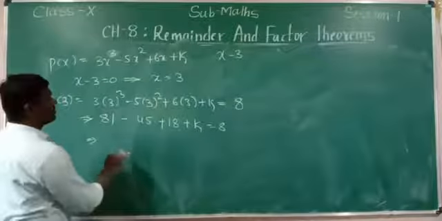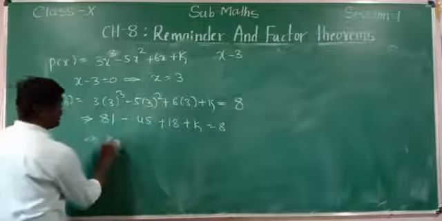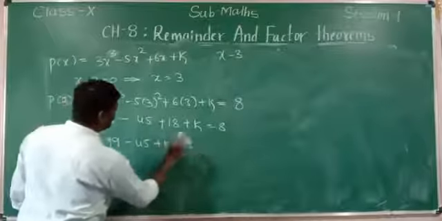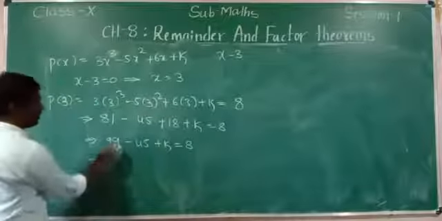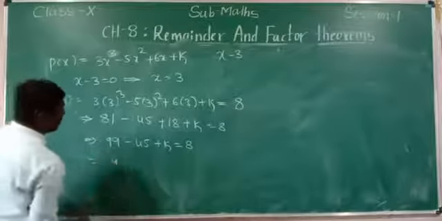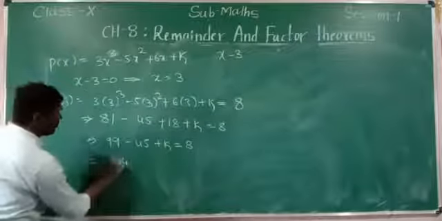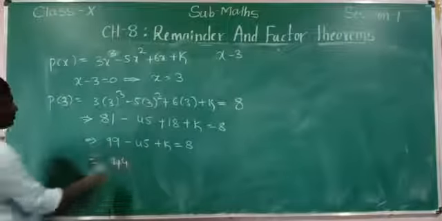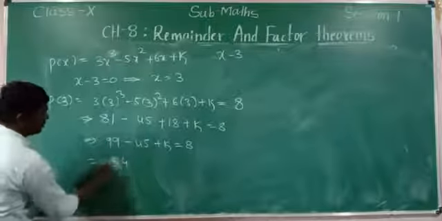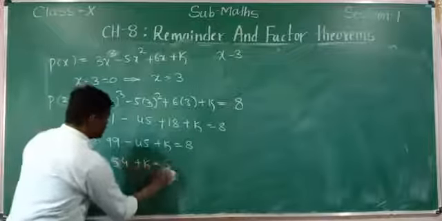What are the positive values here? 81 and 18. 81 and 18 is 99, minus 45, plus k, which is equal to 8. Now 99 minus 45 is 54, right? 9 minus 5 is 4, and 9 minus 4 is 5. Okay, 54 plus k is equal to 8.